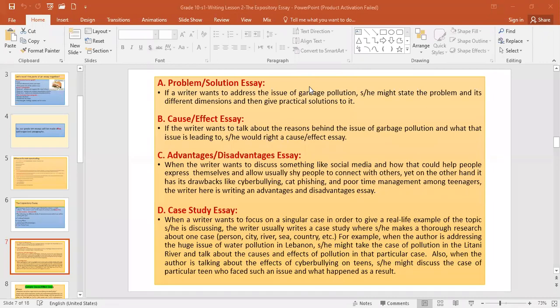When a writer wants to focus on a singular case in order to give a real life example to the topic he or she is discussing, the writer usually writes a case study where he or she makes research about one case: person, city, river, sea, country, etc. Okay. For example, thank you, Hassan, and welcome to ISI.